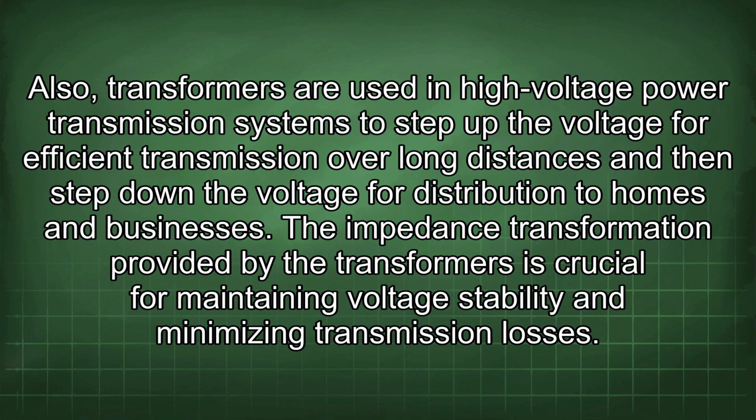Also, transformers are used in high-voltage power transmission systems to step up the voltage for efficient transmission over long distances and then step down the voltage for distribution to homes and businesses. The impedance transformation provided by the transformers is crucial for maintaining voltage stability and minimizing transmission losses.